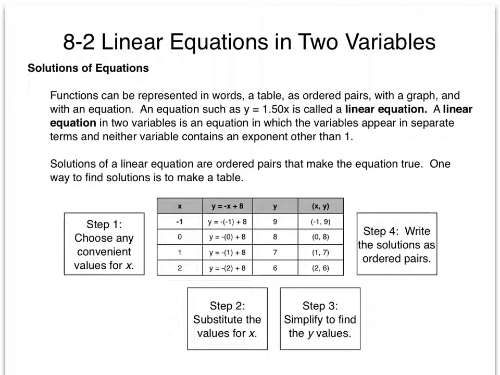Y equals -1 plus 8. -1 plus 8 is 7. And y equals -2 plus 8, and -2 plus 8 is 6. So that was step 3. We simplified to find the y values. Then step 4, we're going to write the solutions as ordered pairs. So we have -1, 9; 0, 8; 1, 7; and 2, 6.